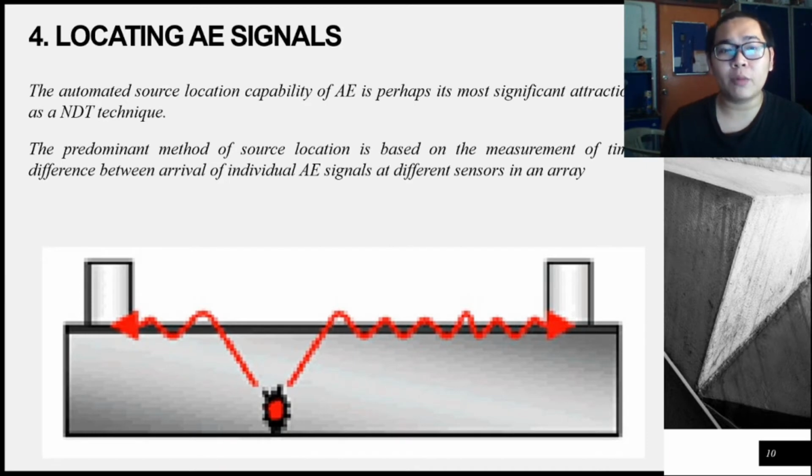A predominant method of source location is based on the measurement of the time difference between arrival of individual AE signals at different sensors in an array. So in comparison to other NDT methods, AET helps you indicate the exact location of the defect on the test specimen, whereas for other methods you have to perform testing from one area to another in order to detect the defect.